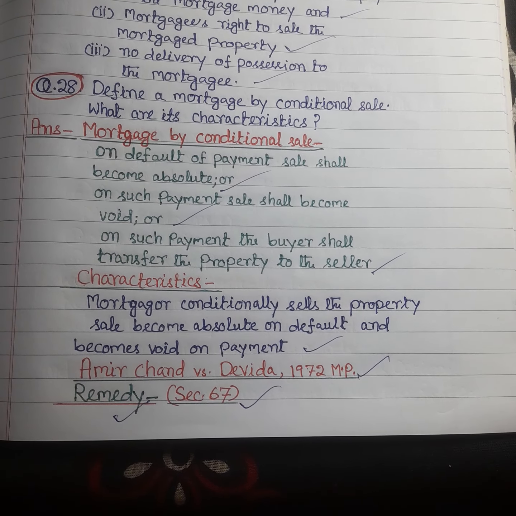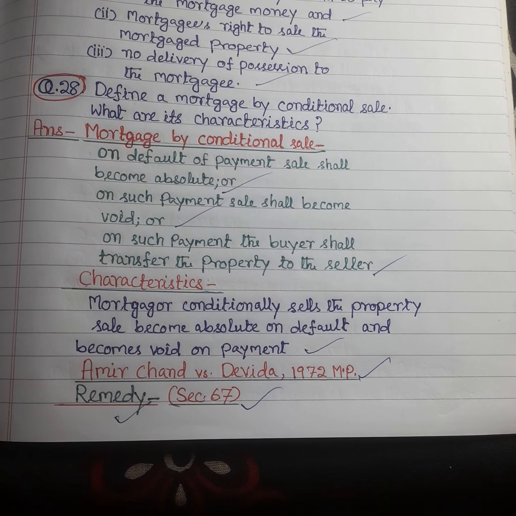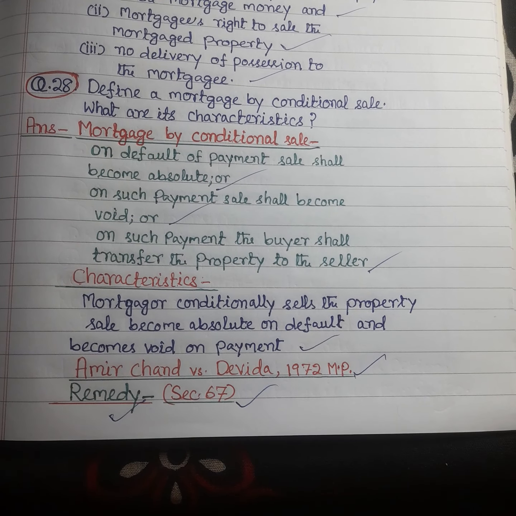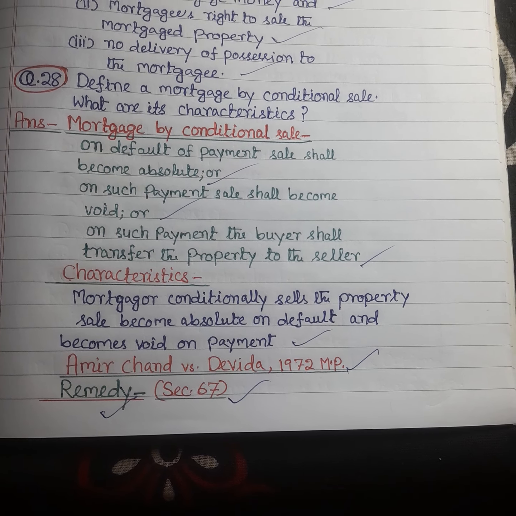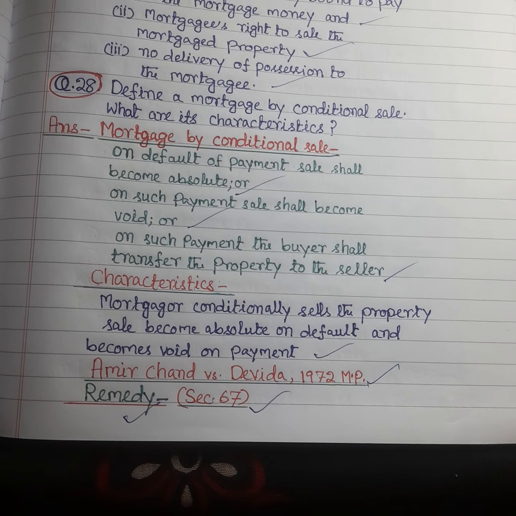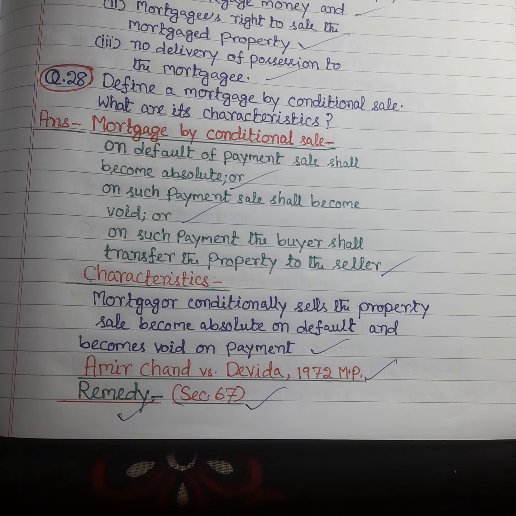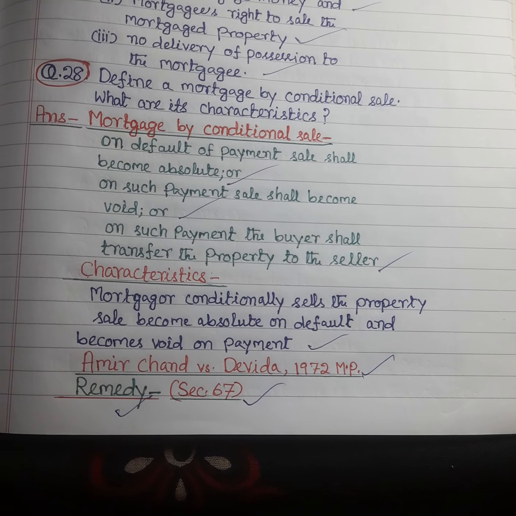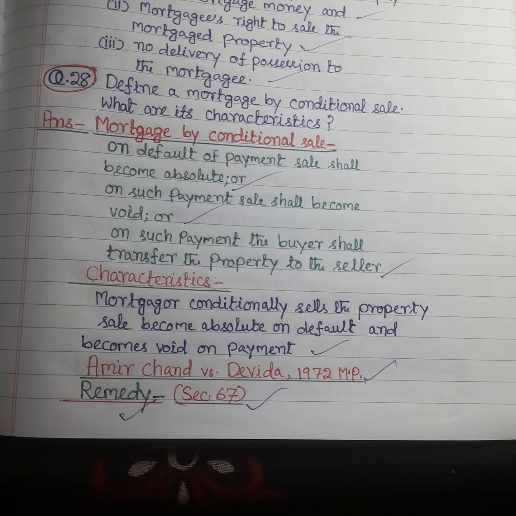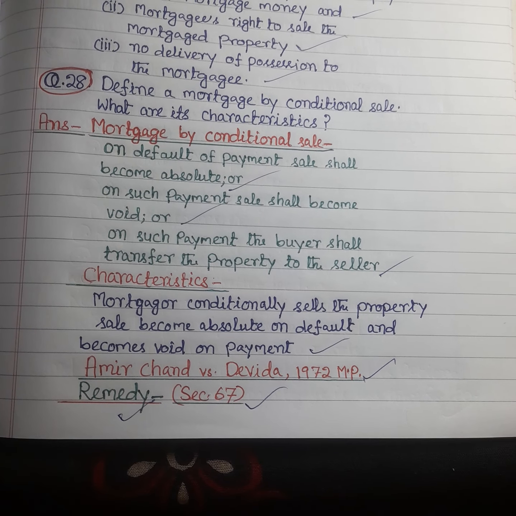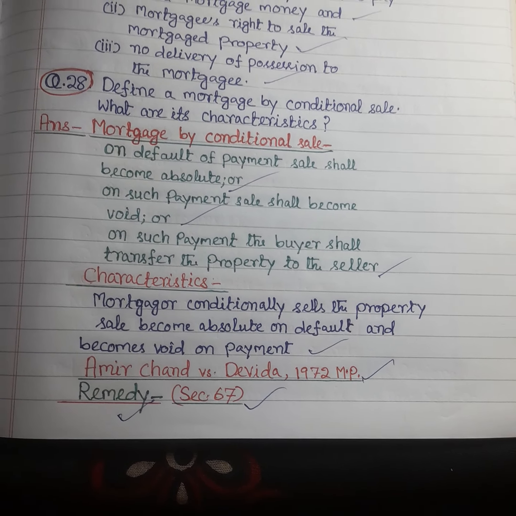So, this is all about mortgage by conditional sale, its characteristics, and the remedy available to the mortgagee as provided under Section 67 of the Transfer of Property Act 1882.